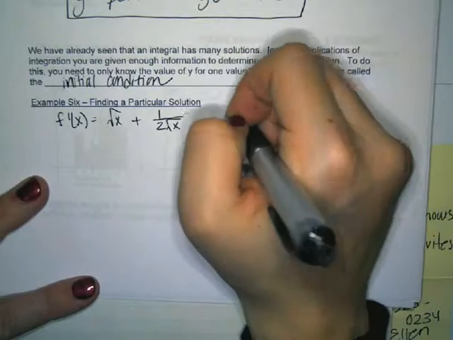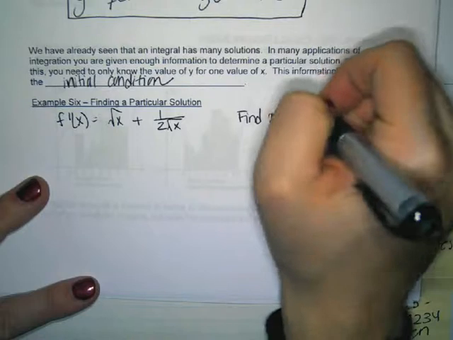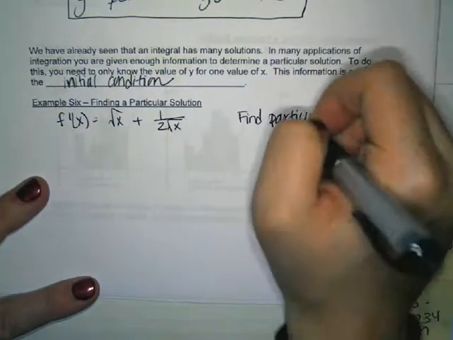Now notice I didn't set up an integration, but this little phrase, find a particular solution, that's code that indicates that you need to integrate, especially if they give you a derivative. And notice the value that they give you isn't f prime, it's f. So this is talking about the original function.